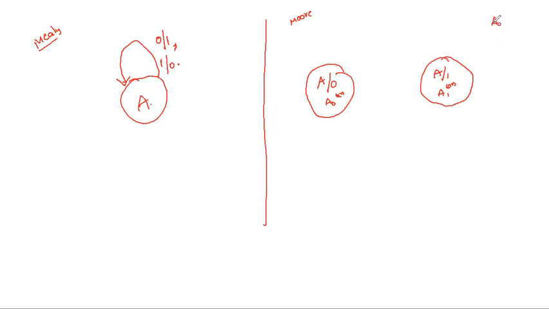Okay. A0 means output is 0. A1 means output is 1. What happens? Whenever you give input 1, you will stay here. Input 0, you will go to here. This is the Moore state diagram.